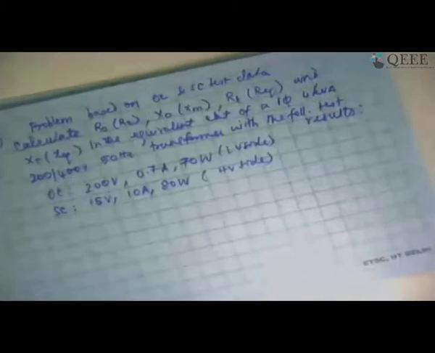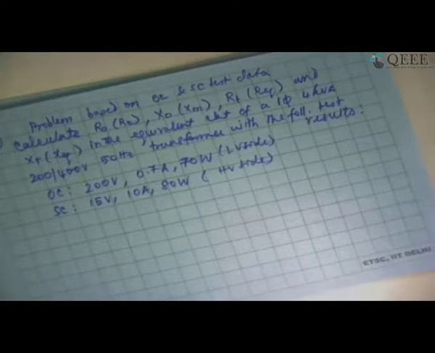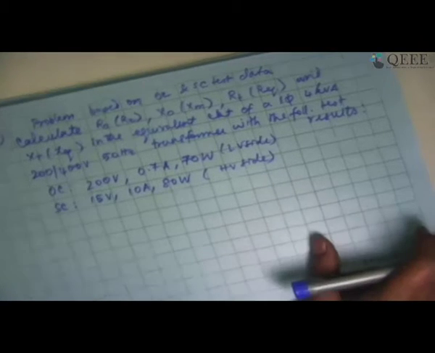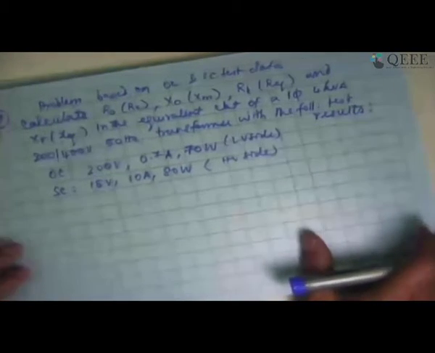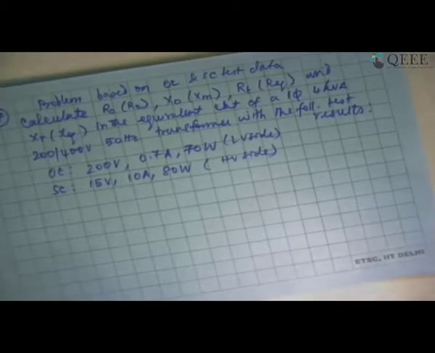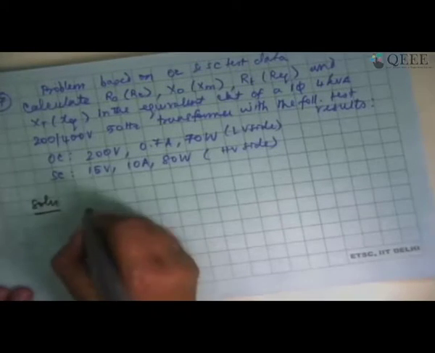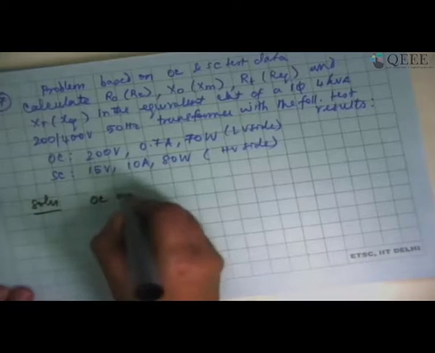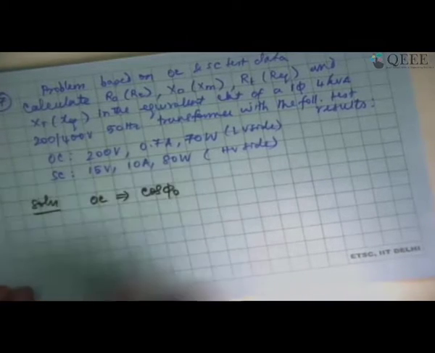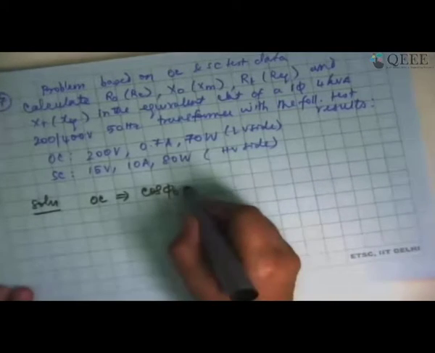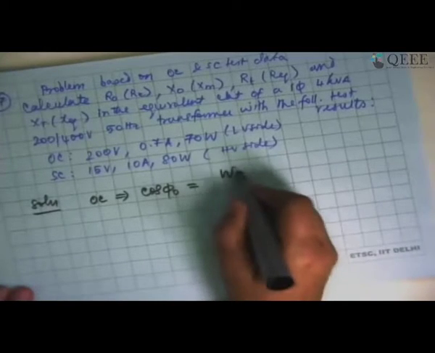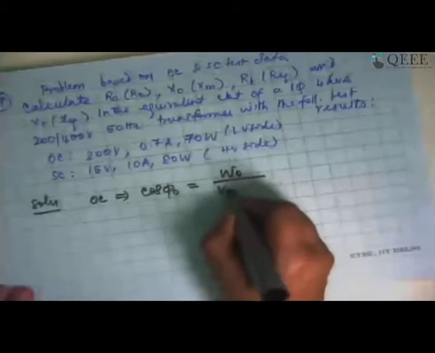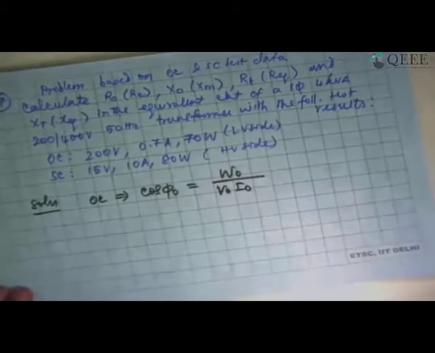Okay. So we'll have to calculate the equivalent circuit parameters. Can I have some input from some of you? Let us try to work out the solution. How will you get the power factor under open circuit condition? That will be W naught divided by V naught I naught, right?